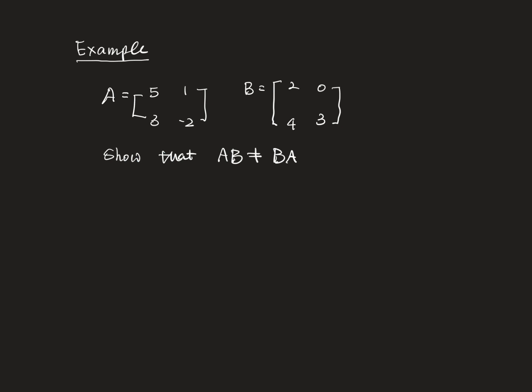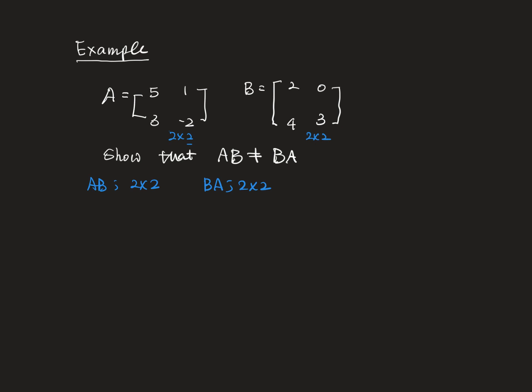Before we do the multiplication of two matrices, let's check the size. This is 2 by 2. This one is 2 by 2. So the AB matrix size is going to be 2 by 2, and the BA matrix is going to be 2 by 2. So the size is the same, but that doesn't mean the matrices are the same, okay?